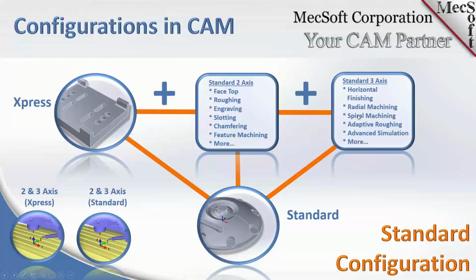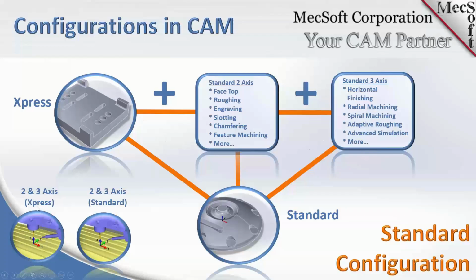So these radial and spiral machining methods will come in handy for this type of part. And you also get adaptive roughing and the more advanced simulation. Now, in the Express, you get a very basic simulation capability. Starting in the standard, you get our best simulation capability.